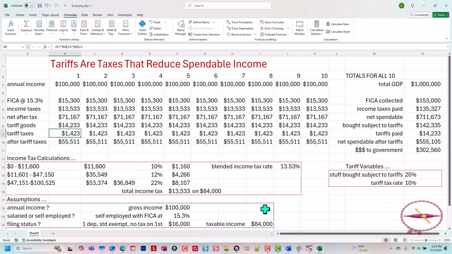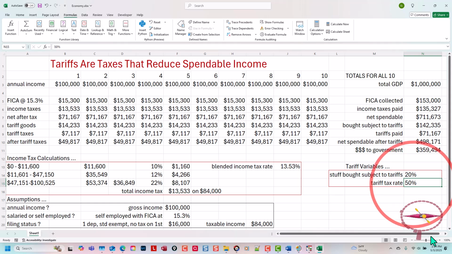Now, if we jump to higher tariff rates, let's say 50%, we'll hold the same 20%, our tariff taxes go way up to $7,000 and change, and our net spendable after tariff items is less than $50,000. The real kicker comes when we look at the effect of the current Trump tariff of 145% on Chinese goods.